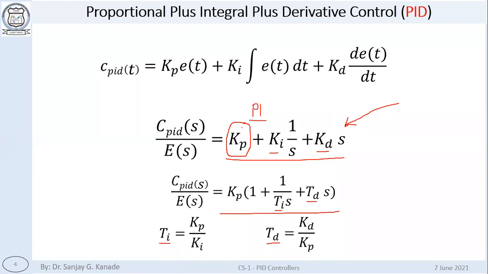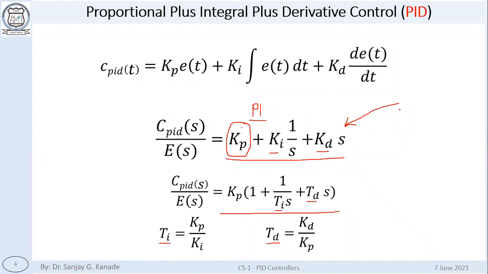So whatever component is absent is removed, and the name of the controller is given based on the components that are present in the controller. If only proportional is present, it is called a proportional controller.